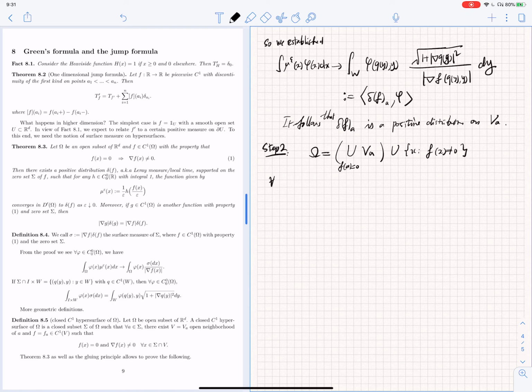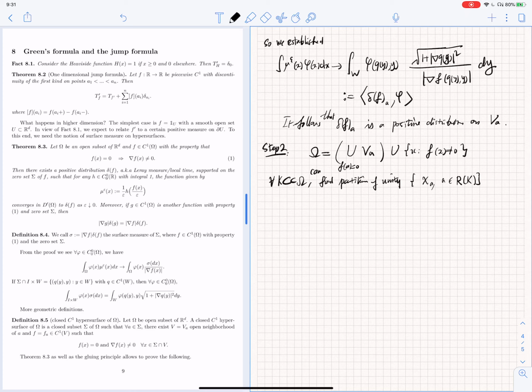So for any K compact subset of omega, we can find a covering and also a partition of unity. We call this family chi_A for A in some set R, which depends on K. This is a finite set.